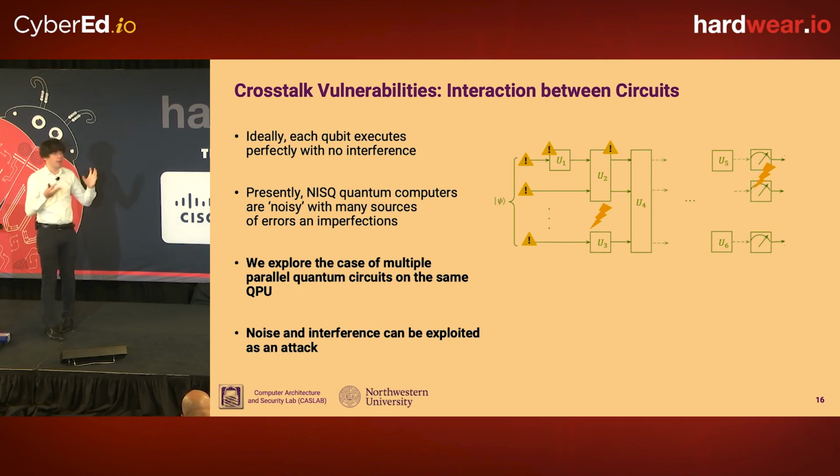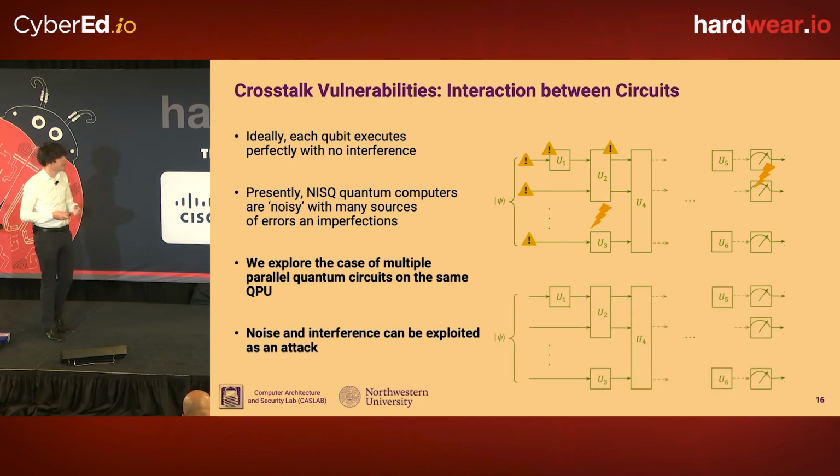Since quantum computers are still rare and expensive, there's a lot of research and proposals for having multiple users or multiple circuits running on the same quantum computer. But then what are the security implications? As you can see from this picture, if there is interaction between gates of one circuit, and you have multiple circuits running on the same quantum computer, they will also be interacting.